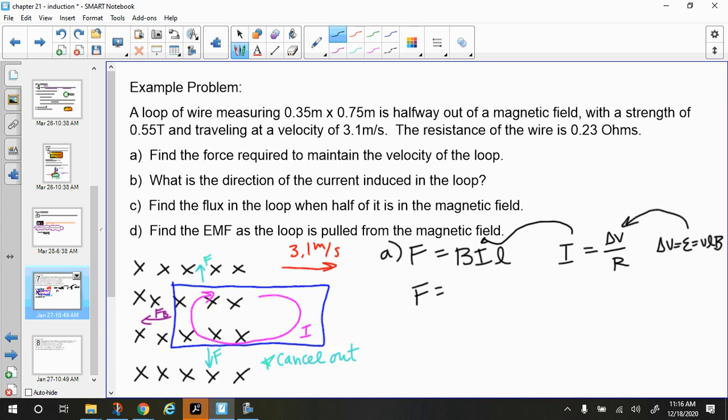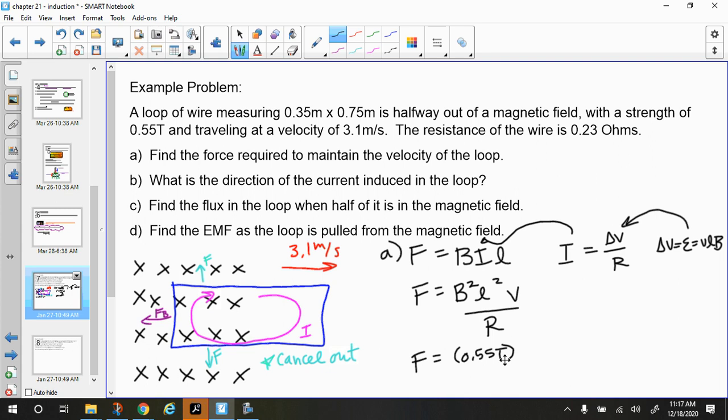And you get force is equal to B squared L squared V over R. So then we can plug in numbers and we get our magnetic field is 0.55 Tesla.